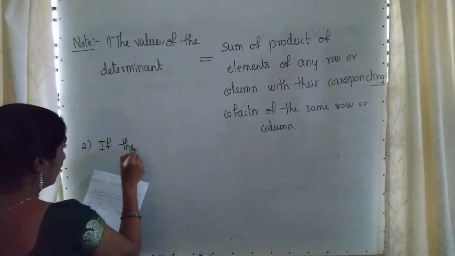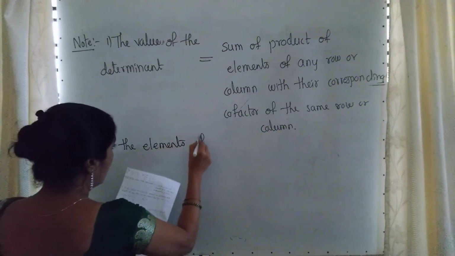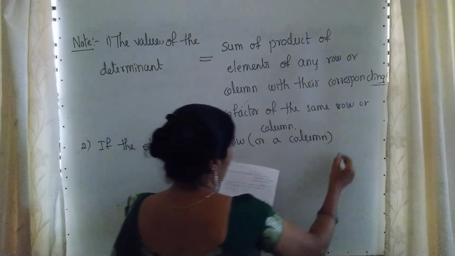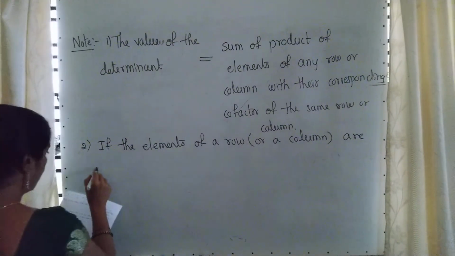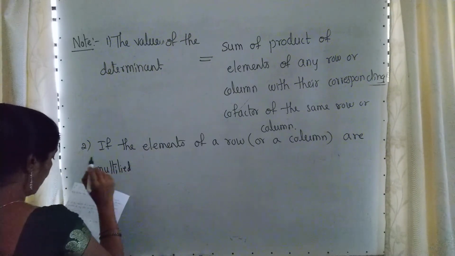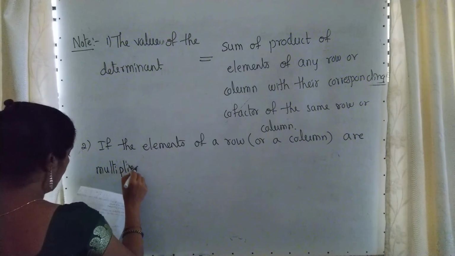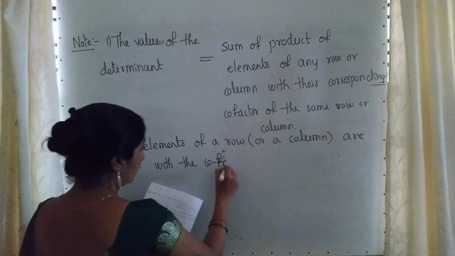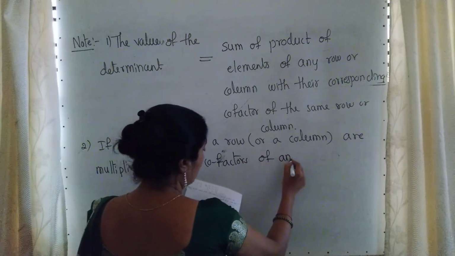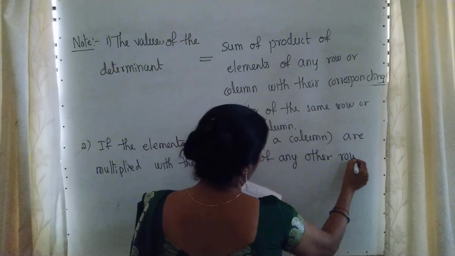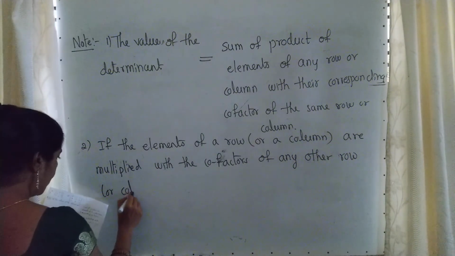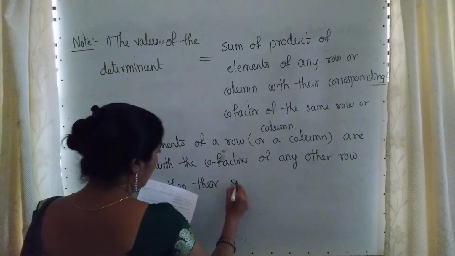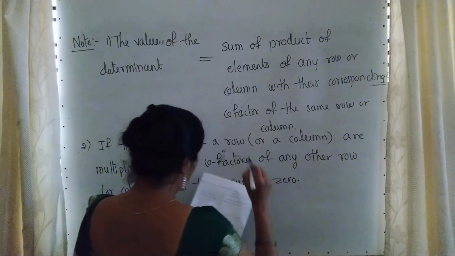Second one. Next, if the elements of a row or a column are multiplied with the cofactors of any other row or column, then their sum is 0.